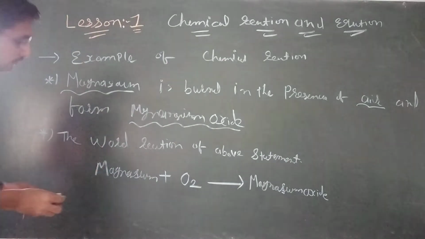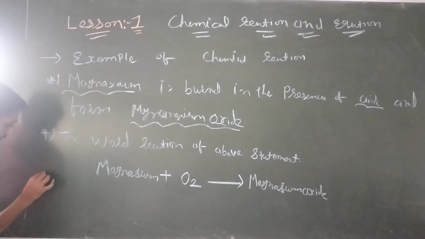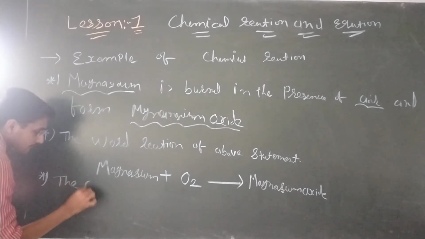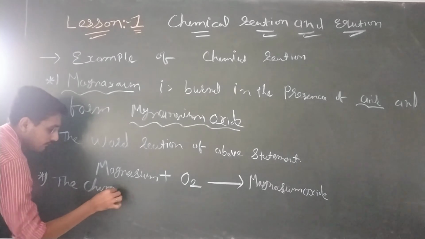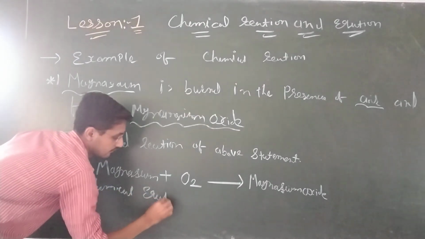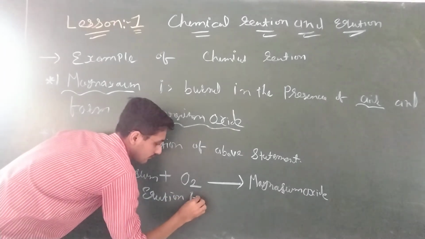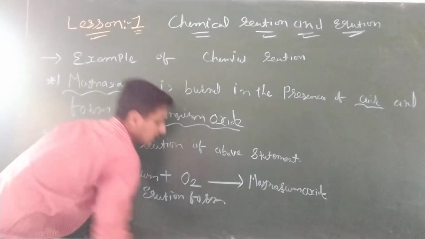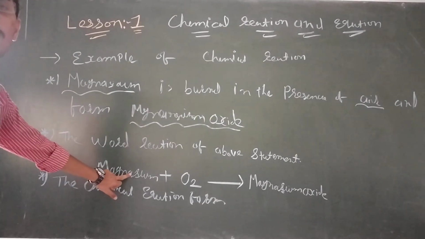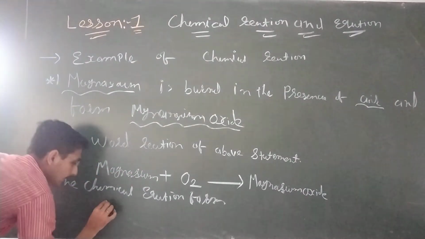Now in the form of a chemical equation, the symbol of magnesium is Mg.